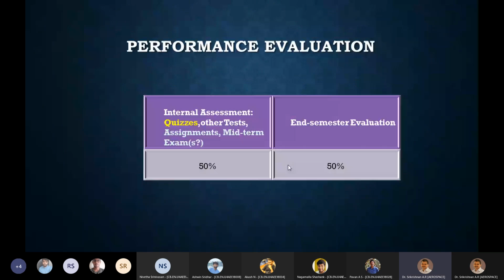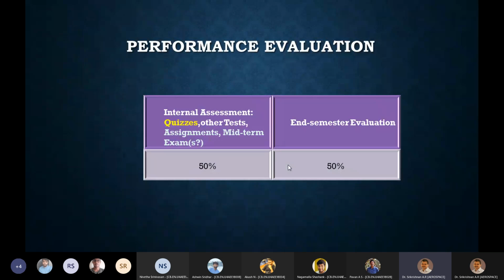Now, performance evaluation. What I understand now is that it's a 50-50 split: the end semester is 50%, whereas the internal assessment will consist of quizzes, assignments, and midterm exams. Apparently, there is not going to be P1, P2. This is what I just heard from the students.